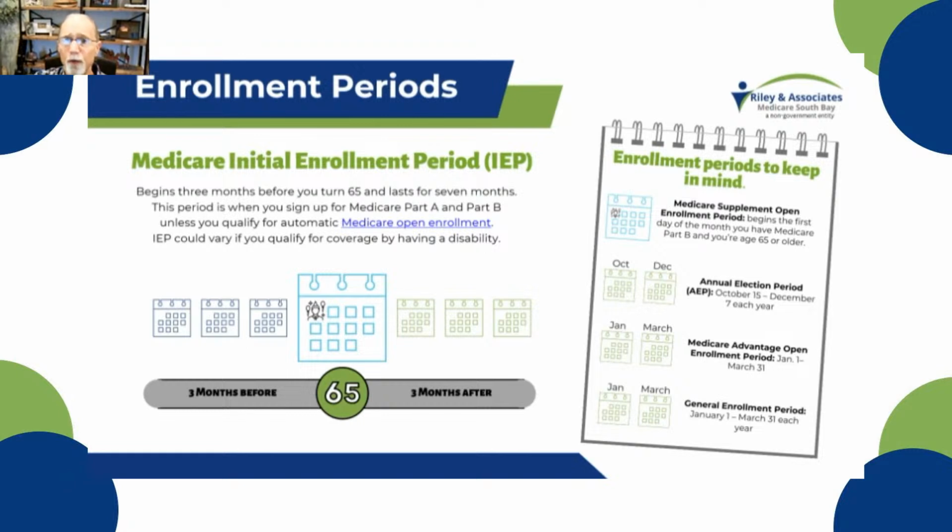Otherwise, we run quotes, and we can make changes for the following year. The last thing you want to do is go into January and realize that a medication is not covered or a doctor's not covered. So that's why you have that annual election period to review that each year. And we help you with all of that again.